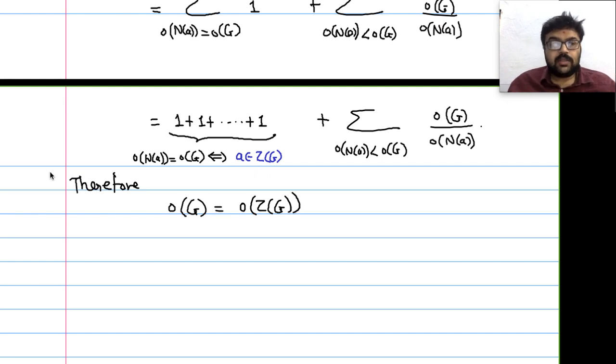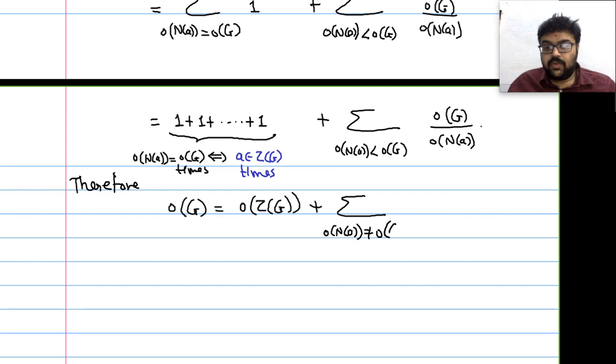This many times. So that is nothing but order of Z(G). As many A as come in Z(G), that many times 1 will come, and then this term as it is, where order of N(A) is not equal to order of G. It will of course be strictly less than that. So let me write it like this.